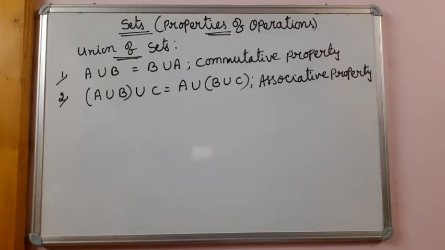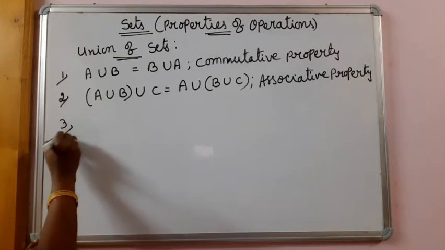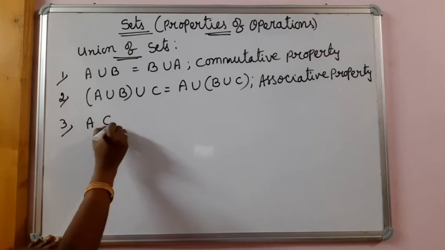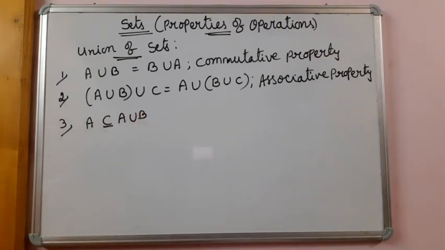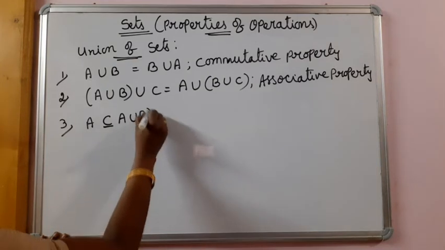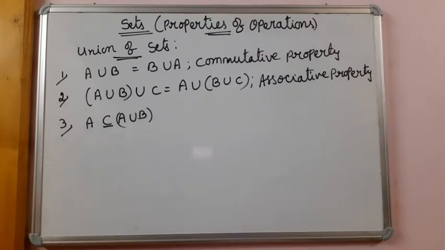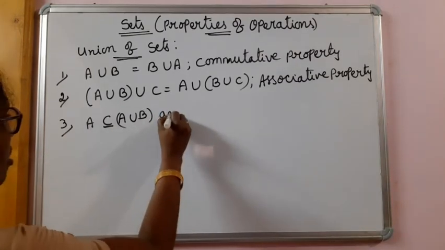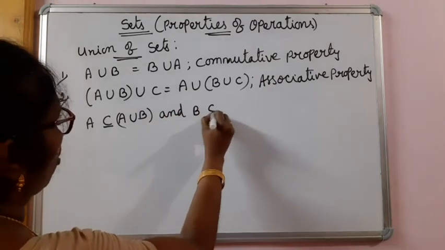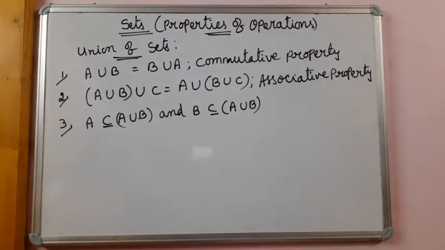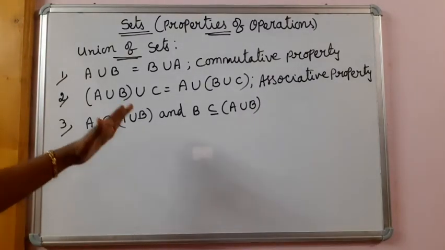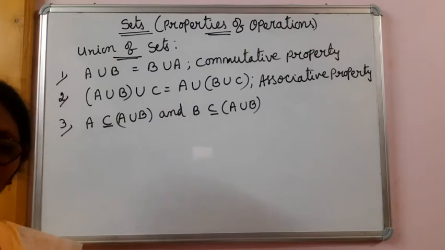And your third property is, A is a subset of (A union B), and let me write within brackets because A union B is a set, and B is a subset of A union B. A is a subset of A union B and B is a subset of A union B always.